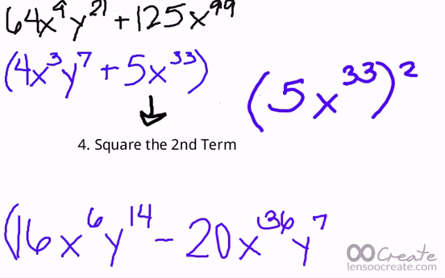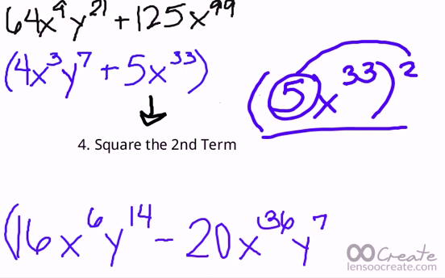The fourth step is to square the second term. So I wrote the second term here to explain it in more detail. So I will be squaring 5, and it will become 25.